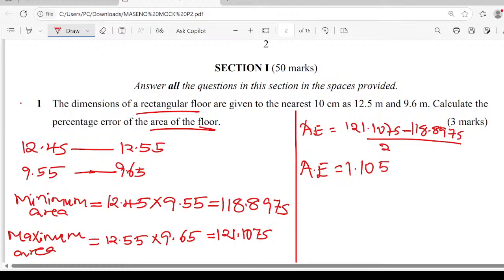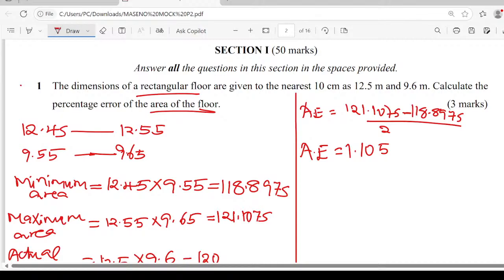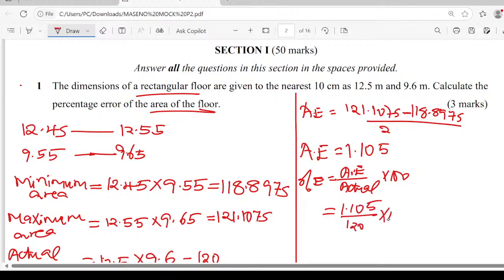Then after getting the absolute error, I can get what is called percentage error. Percentage error is obtained by taking absolute error over the actual area, expressed as a percentage. So this will be 1.105 over 120 times 100%.